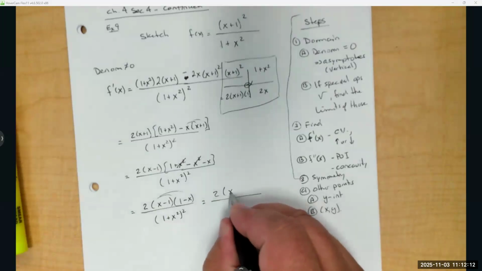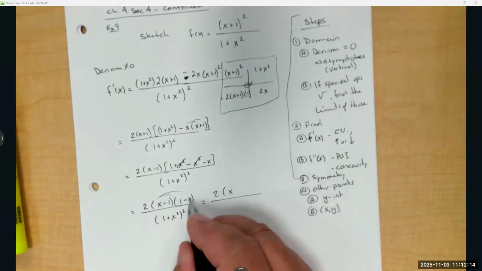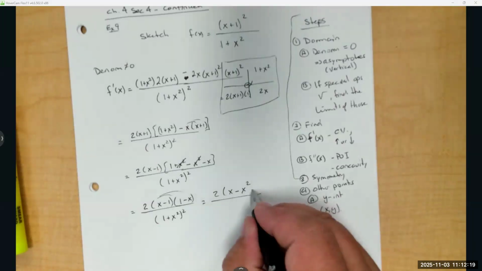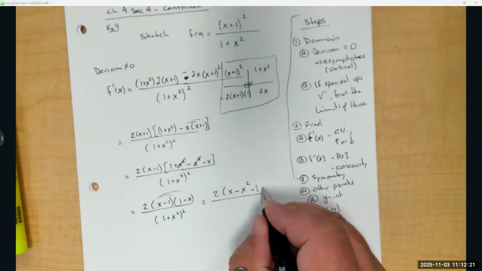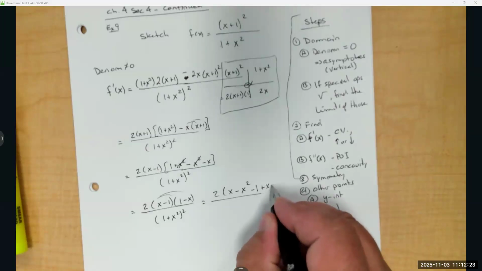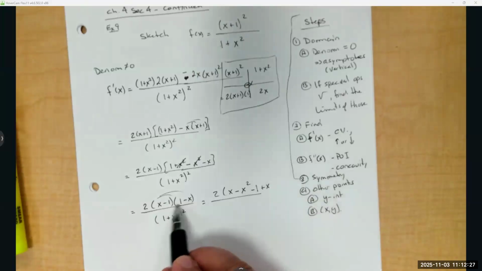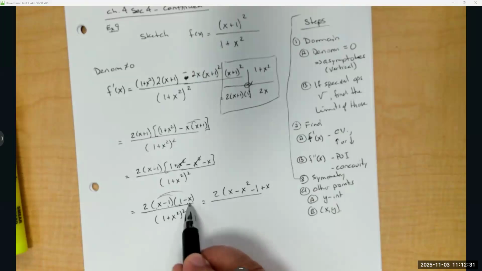That'll give us x minus x squared minus 1 plus x. So it's x, negative x squared, negative 1, positive x.